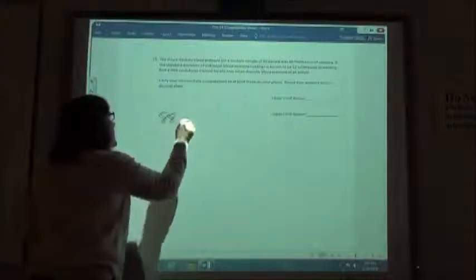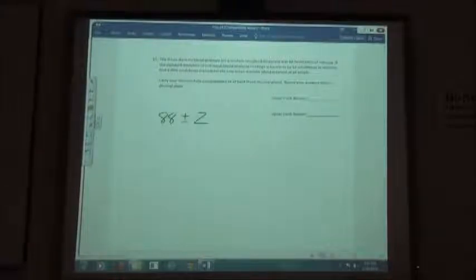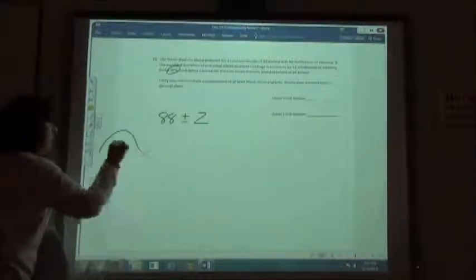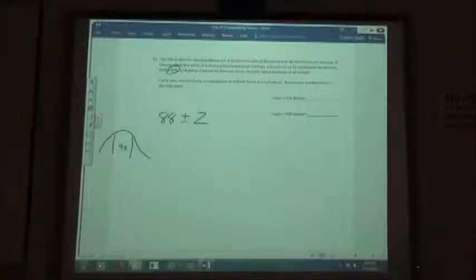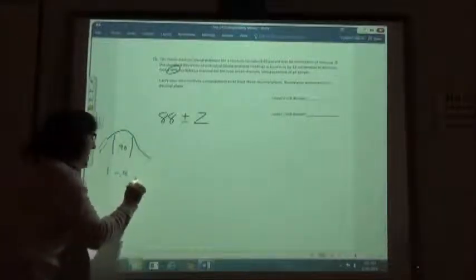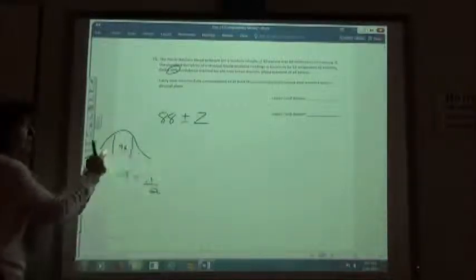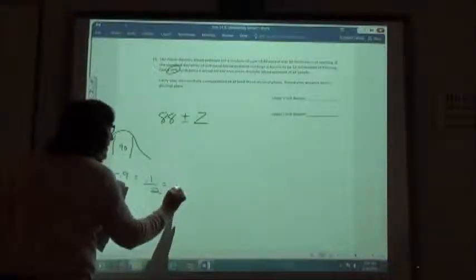So 88 plus or minus Z sub. We have to figure out what number should go in there for our subscript if we're going to do a 90% confidence interval. So 90% is in the middle. 1 minus 0.90. So we're going to do 1 minus 0.9, which is 0.1, and then we're going to divide it by 2 because we have 2 sections, which gives us 0.05.